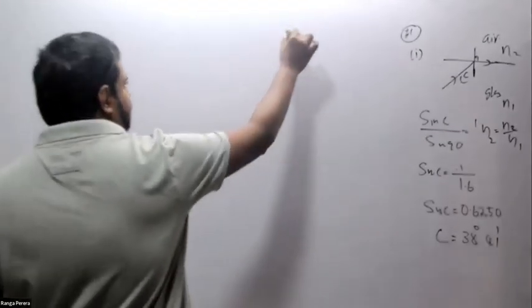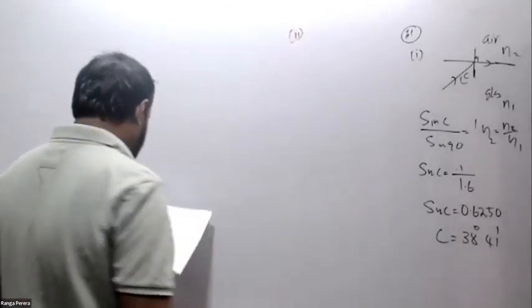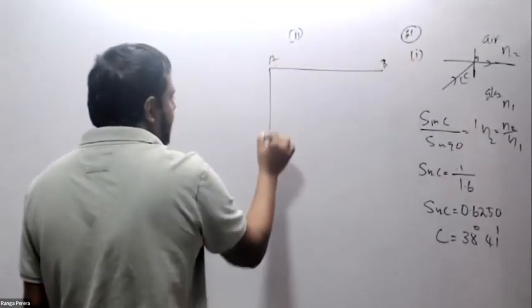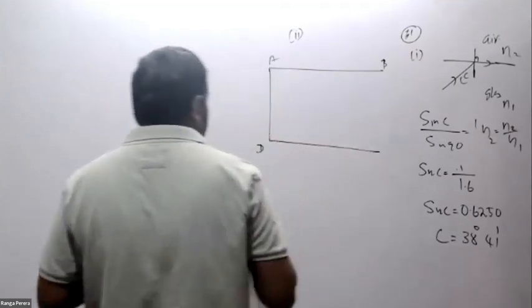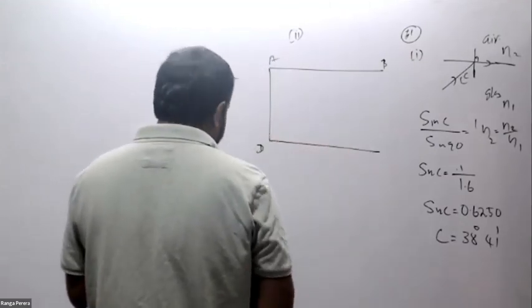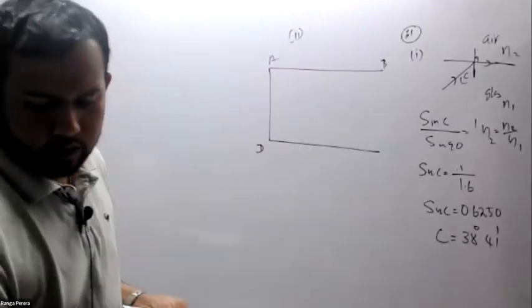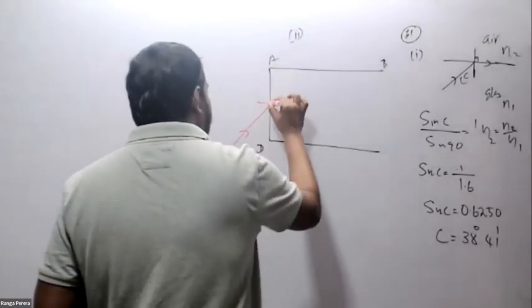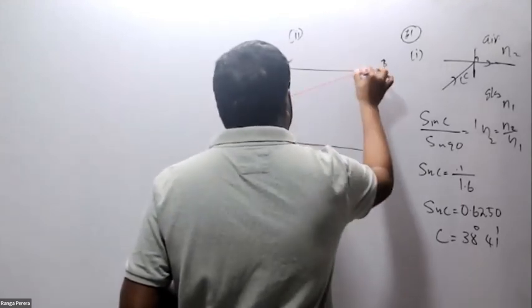Number 2. Show that the ray must undergo total internal reflection at the surface AB for all possible values of theta. This is AB. This is AD. Let's consider a particular ray which enters through the AD surface. It enters and is refracted towards the normal.